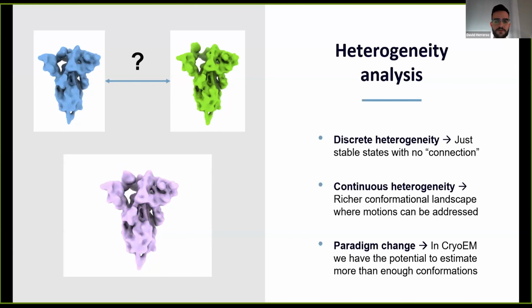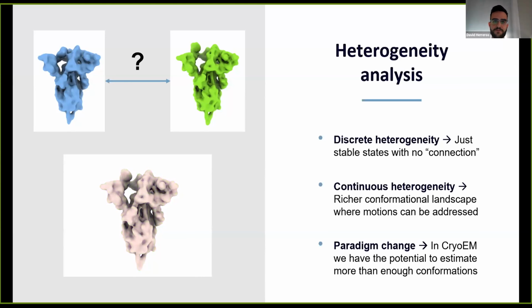So as we all know, in cryo-EM, there are probably two main types of heterogeneity analysis. The first one is the classical one, which is discrete, which can be obtained using a 3D classification. And at the end, we are getting n different states. Usually it's not a very large number, but it can give us a good idea of what are the different stable conformations our proteins explore.